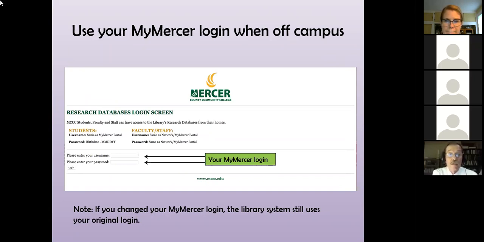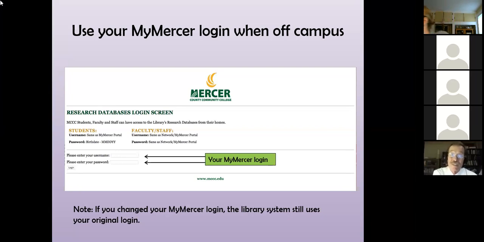Now, the one thing to mention, we've discovered with the login, there are a few. It's not a whole lot, but some students have changed their password from their birth date to something different. And that's fine. That's certainly your choice. However, because of how the computer systems work at the college, that change in password for your My Mercer does not carry over to our verification system.